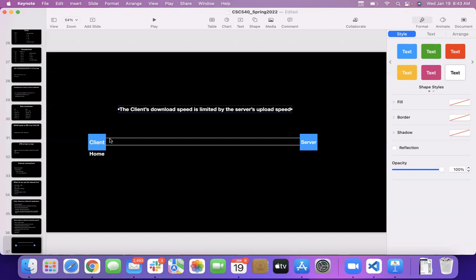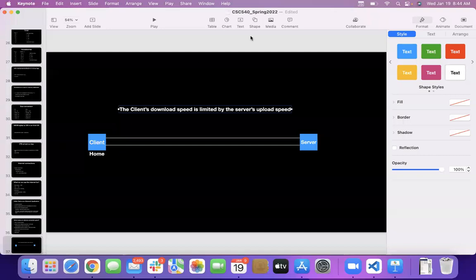That's your download speed. In that situation, even though you have an internet connection capable of that for download speed, you could only download as fast as whoever you're connecting to is able to give it to you. So your download speed is limited by whoever you're connecting to's upload speed. Okay. So the client's download speed is limited by the server's upload speed.